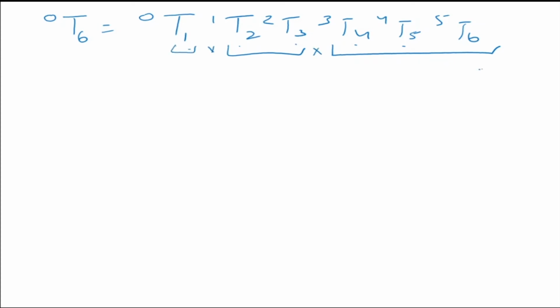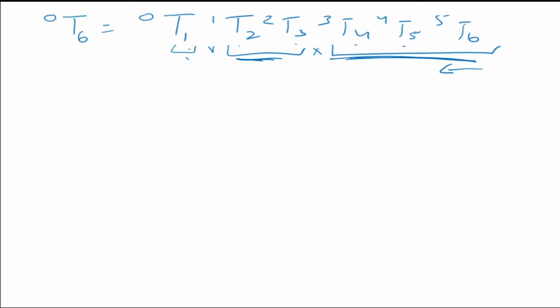So I will go in this direction. I'll multiply these 3 first, then I will multiply this one into this, then I will multiply with T1. The other way we could multiply is to multiply 1 to 3 and 1 to 6.